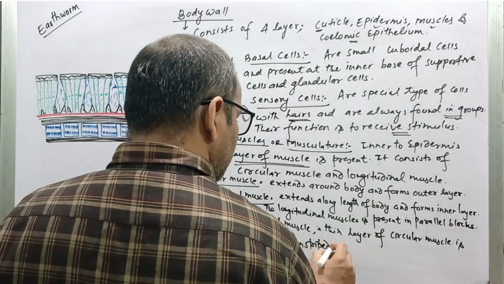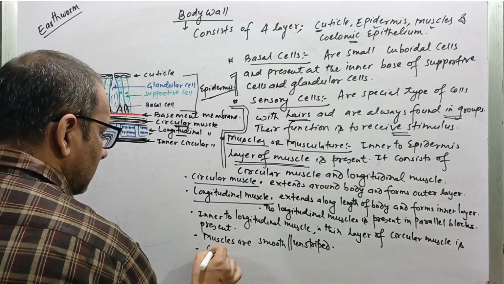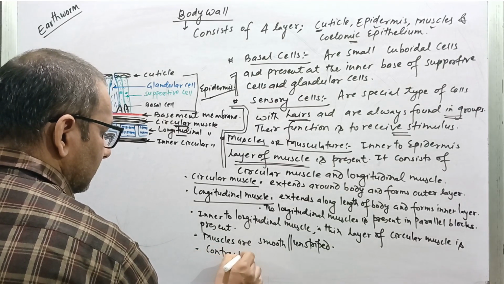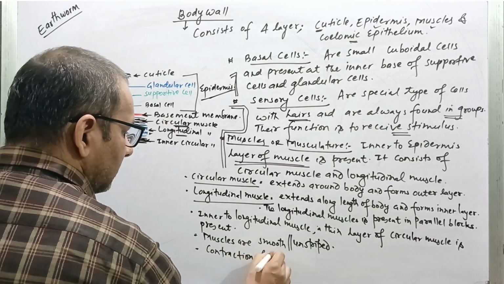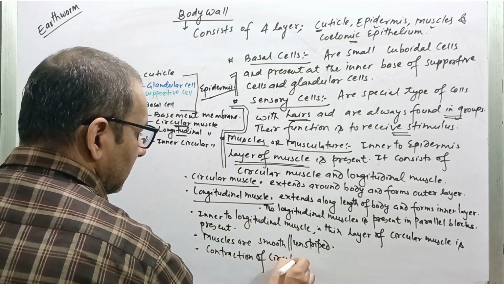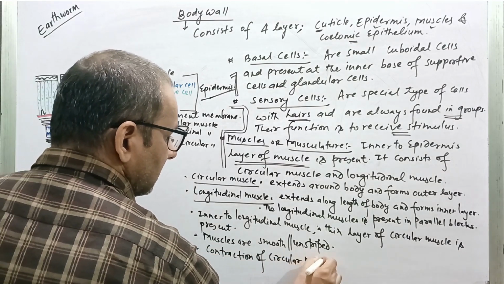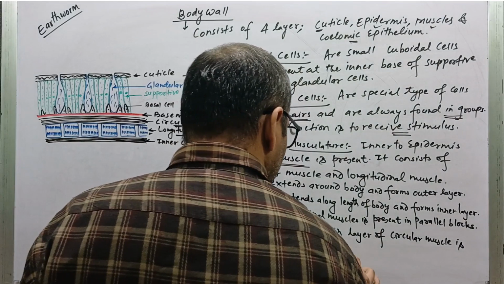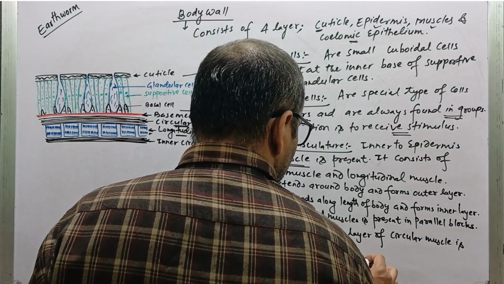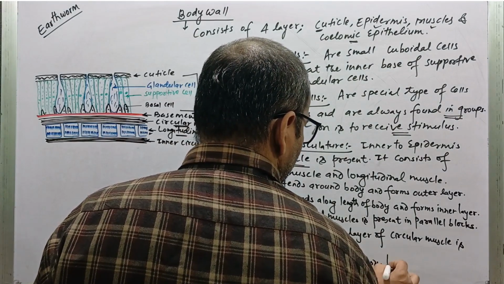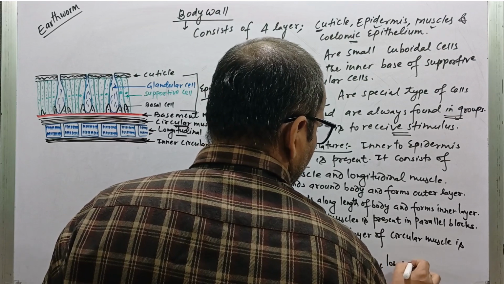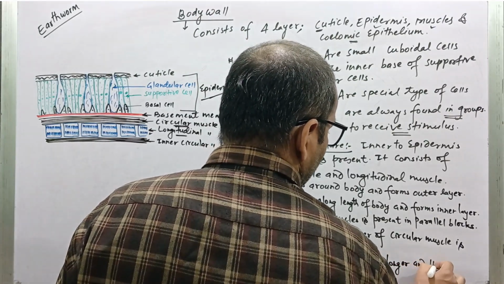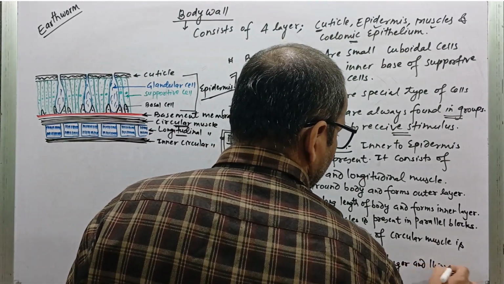Muscles are smooth and unstriped. Contraction of circular muscles makes the body longer and thinner.